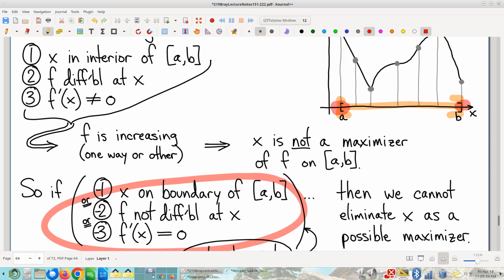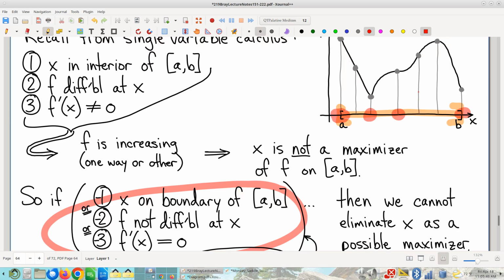Points where there's a differentiability issue, derivatives don't really tell me anything if there is no derivative. And then points where the derivative is 0. Points like that. Derivative is 0, I can't just make this claim of, well, it's obviously increasing. Because it isn't. Right? The derivative is 0.